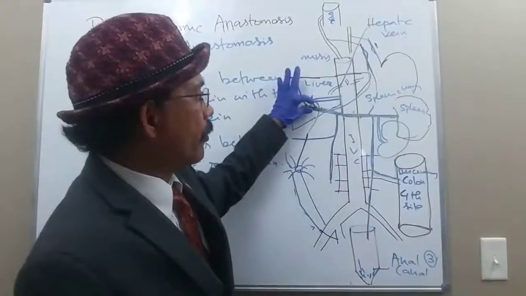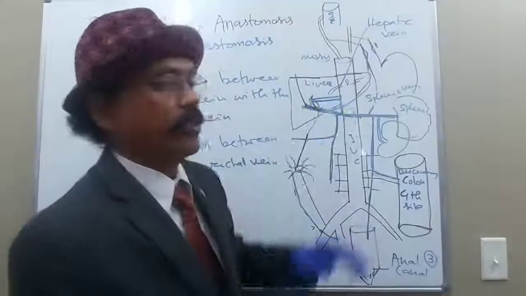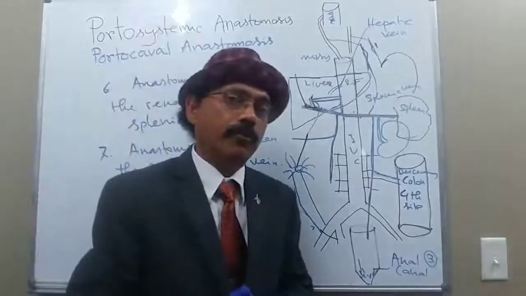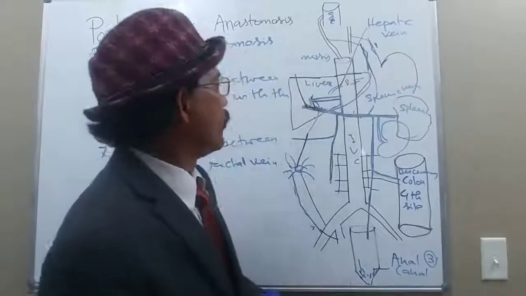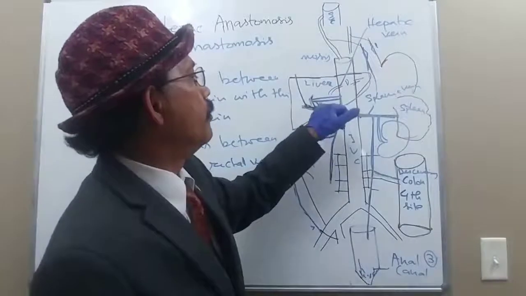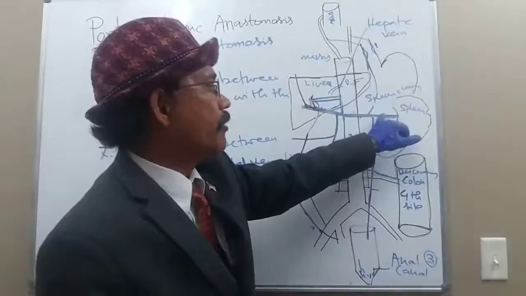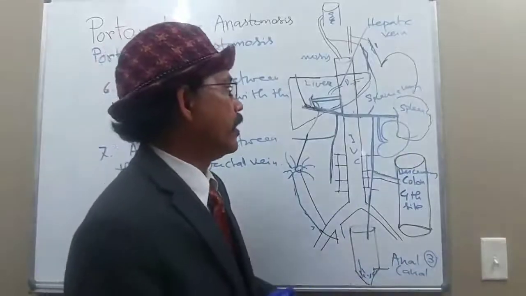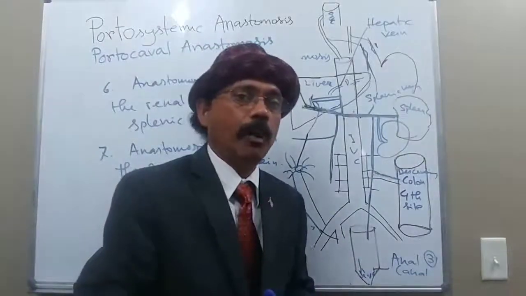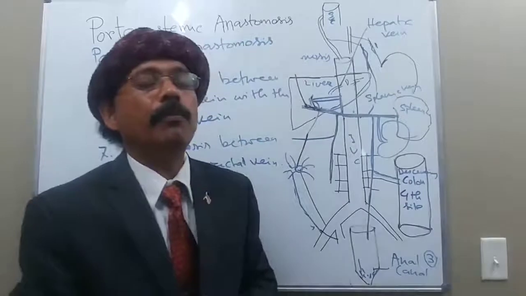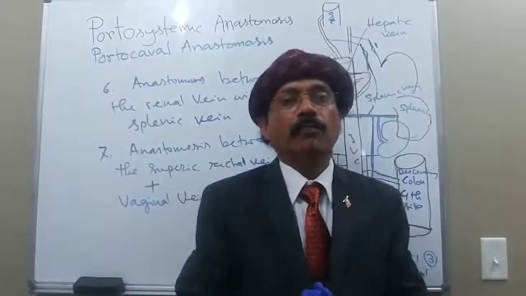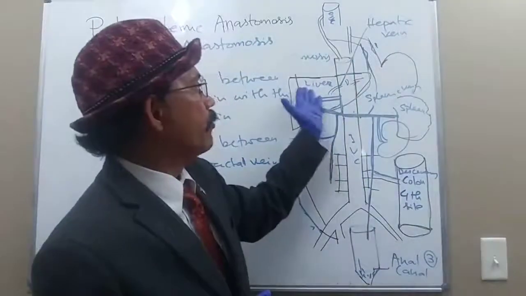If for any reason it is compressed, then there will be establishment of portosystemic anastomosis. So sometimes physicians make a connection between the portal vein and the inferior vena cava, or the splenic vein to the renal vein, to manage the portal hypertension. But whatever it may be, the portal vein blood should be detoxified in the liver.